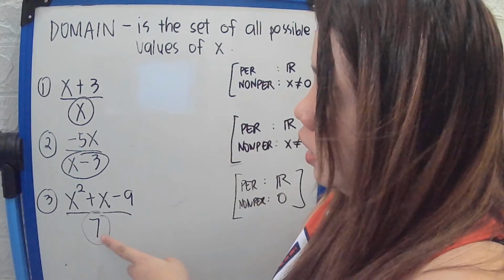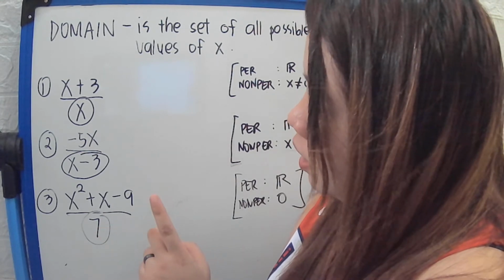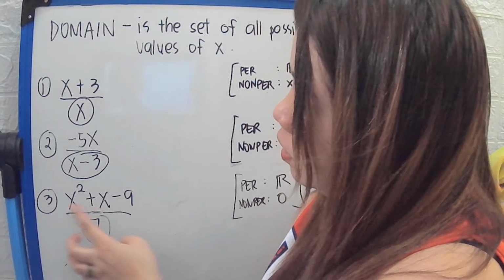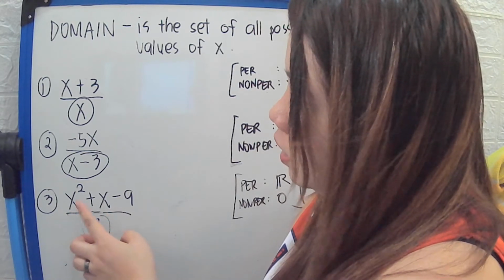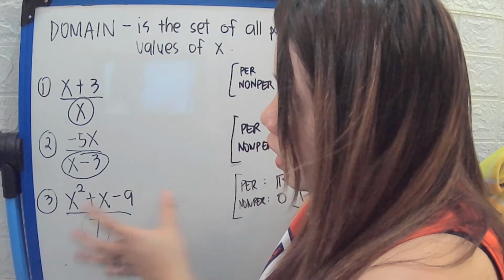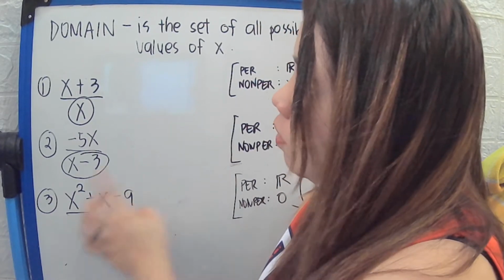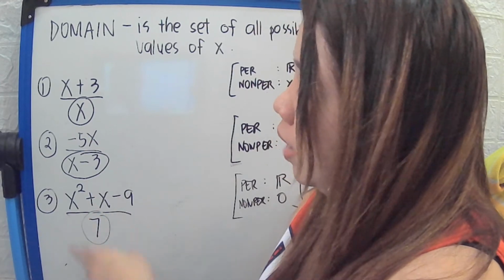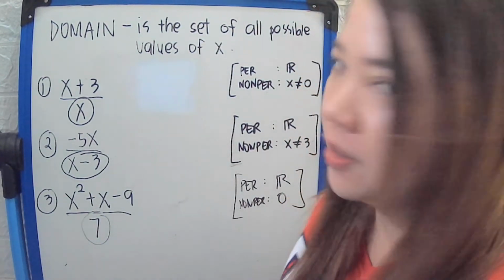Because your denominator is 7, the values of x are only in the numerator. So any value can be substituted for x and can make the whole given rational expression valid. Any value can be given here. Wala tayong restrictions, or there will be no restrictions.